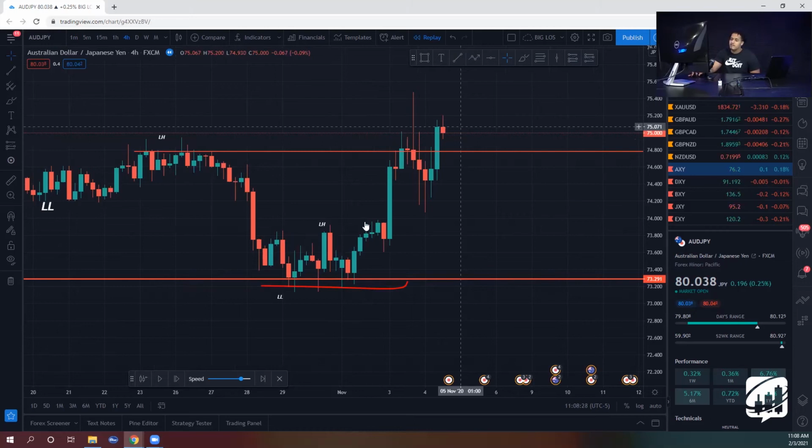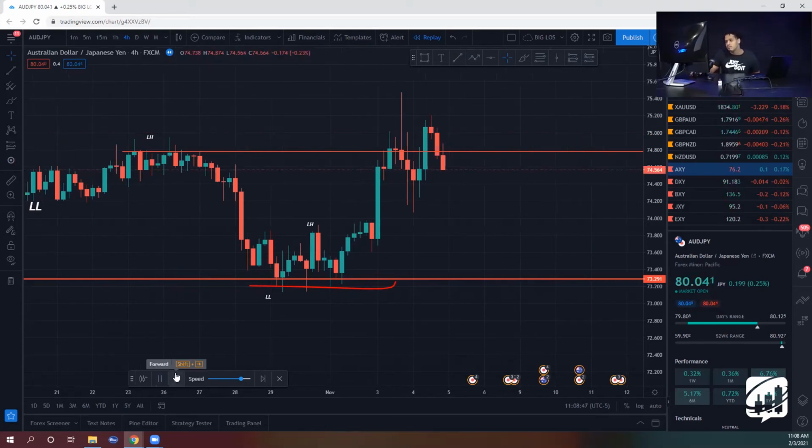You could take your shot with the aggressive entry, but just know it's an aggressive entry. The safest entry is to wait for the lower high to be broken and retested to then form your bias if you're going to be a bull.